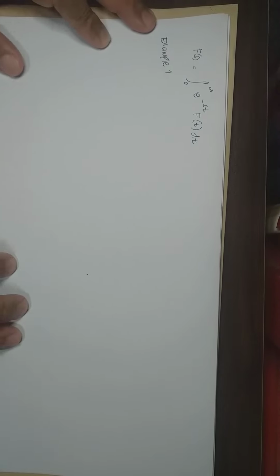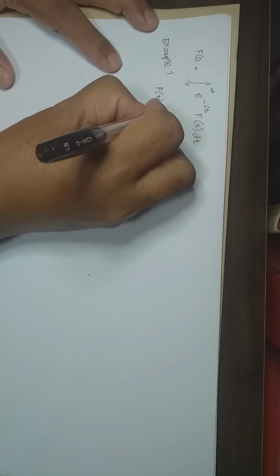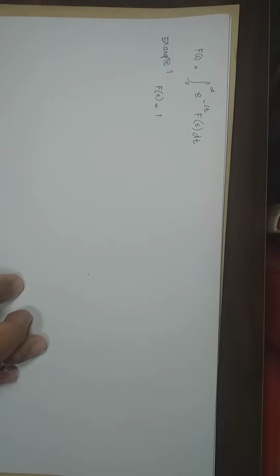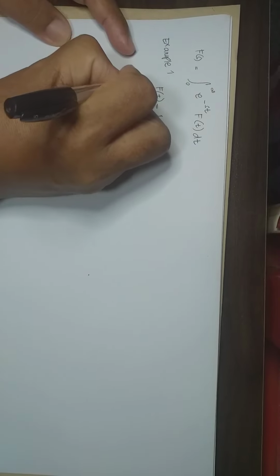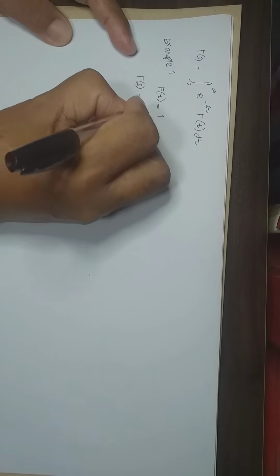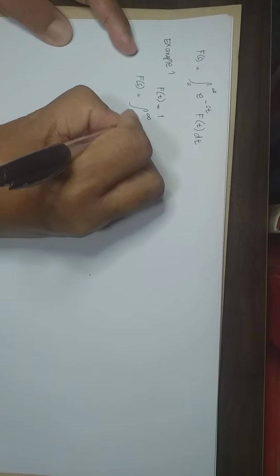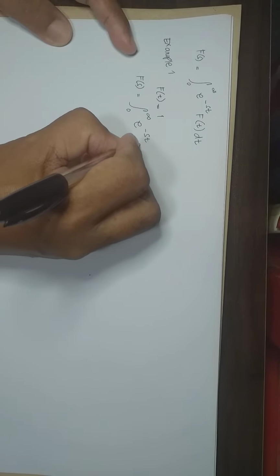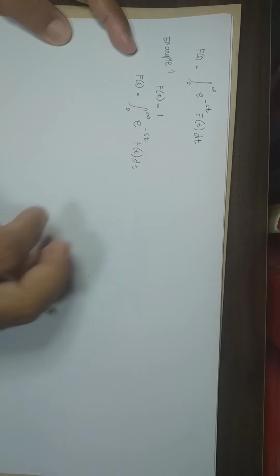Find the Laplace transform of the function f of t equal to 1. Okay? So by definition, F of s is equal to the integral from 0 to infinity of e to the negative st times the function of t dt.